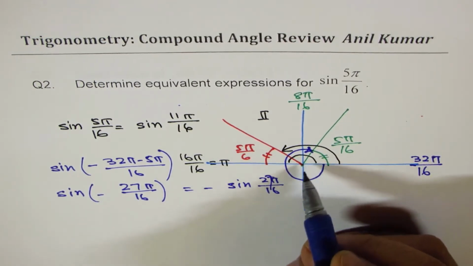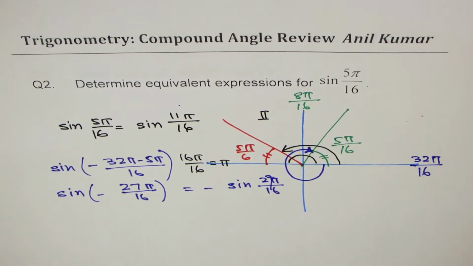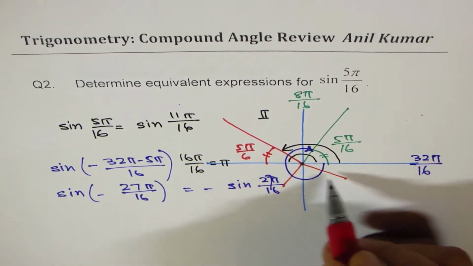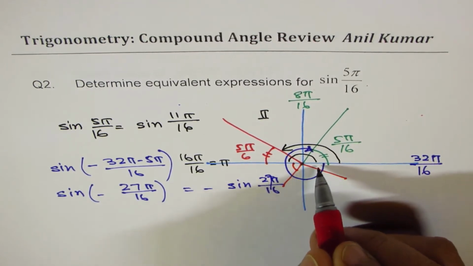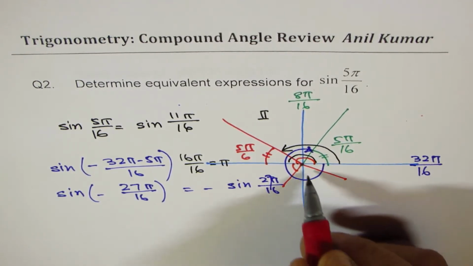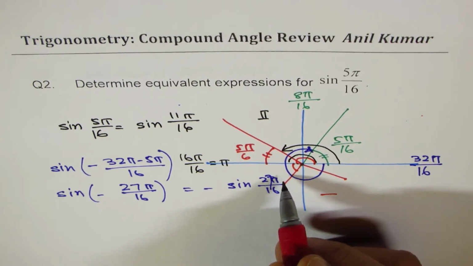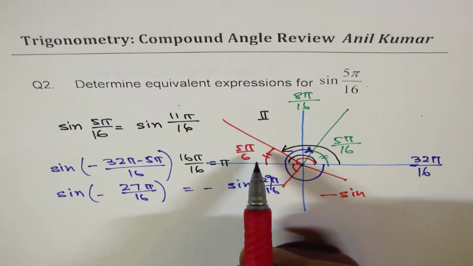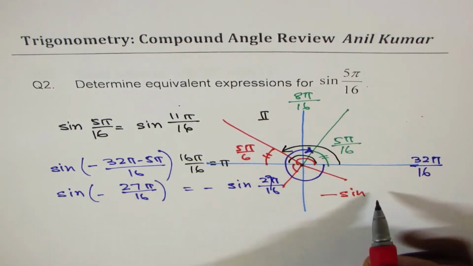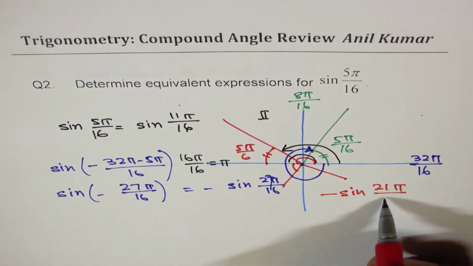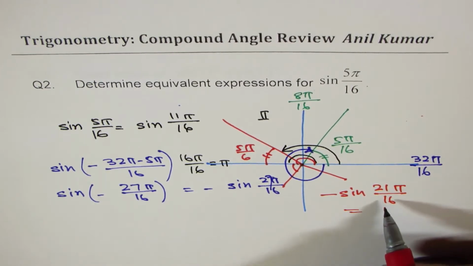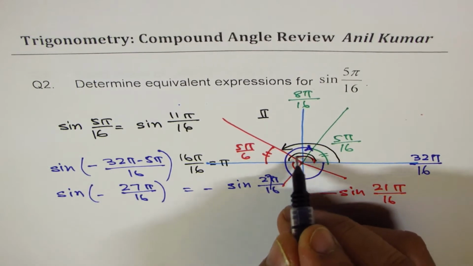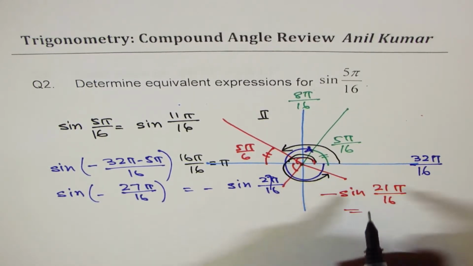Well, there could be many other solutions. You could also write different answers for this, extending this line to other quadrants, and that angle could give you minus. Here sine is negative, so you can also write this as minus sine. If I add 5 to 16, I get 21 pi by 16. That could also be a solution, right? So as you can see, we could actually give many answers to this. And here also we have a solution.